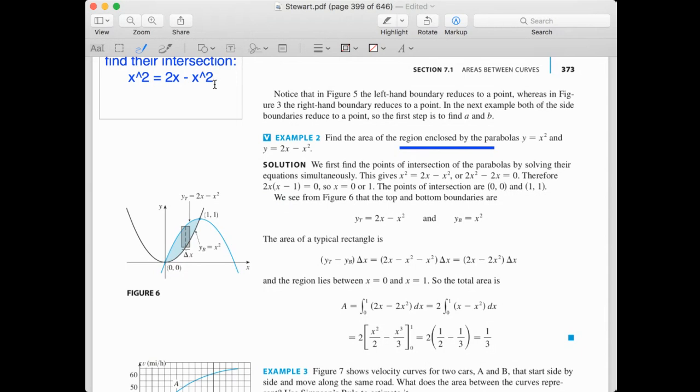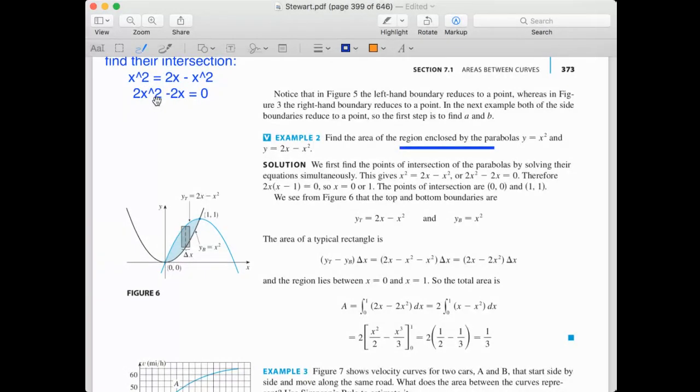So x squared equals 2x minus x squared. So we have 2x squared minus 2x equals 0, right? I move both terms to the left-hand side. Negative x squared becomes positive, so I have 2x squared. 2x moves to the other side and becomes negative.